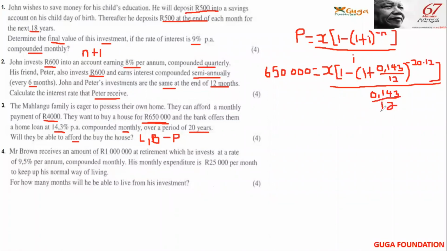So here now you cross multiply this and this, right?